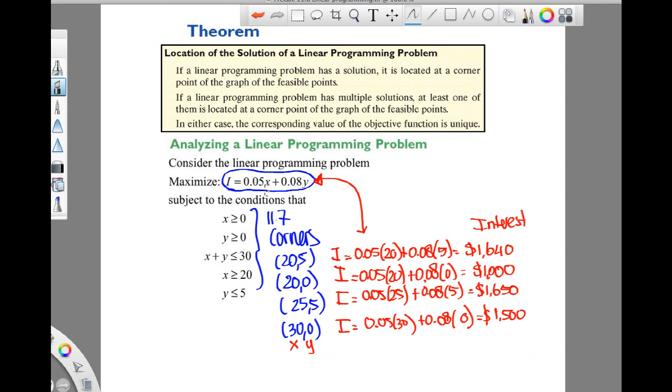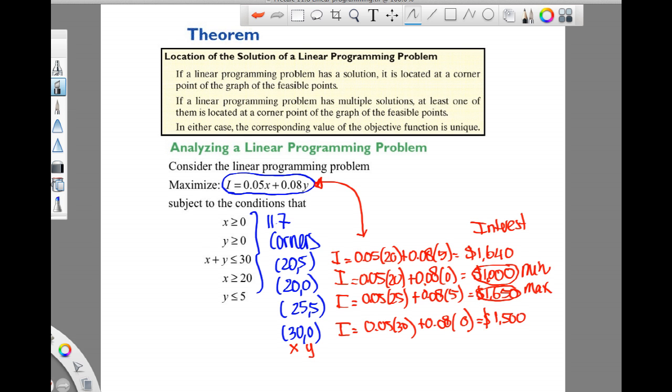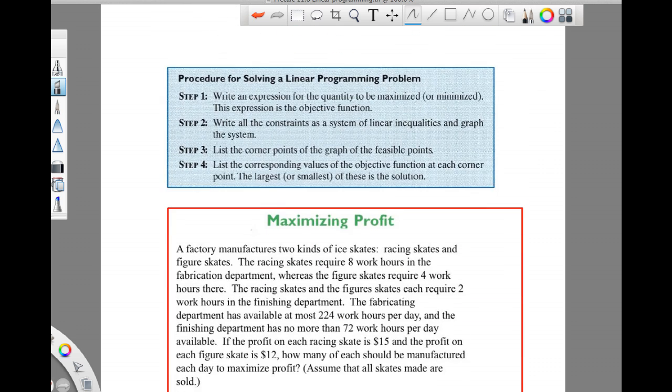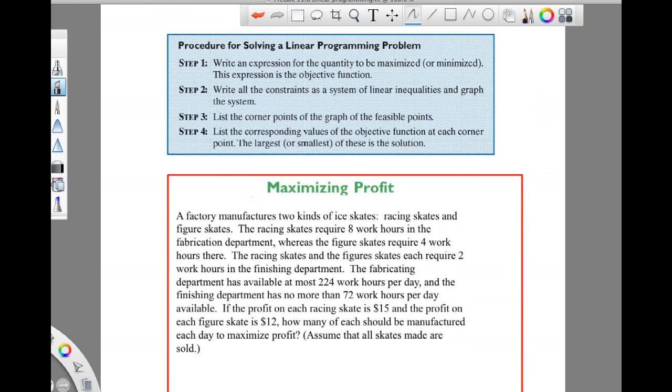The values that you find for x and y are the corners of the system. Then you plug that in. In this case we have a maximum right here, and the minimum would occur if you use this combination of values. Okay, so that's a little bit of background. So we'll do the whole thing now. Let's look at the procedure.